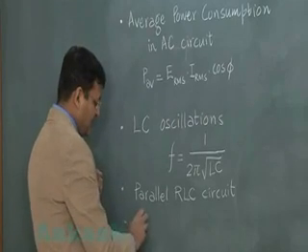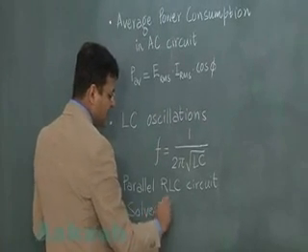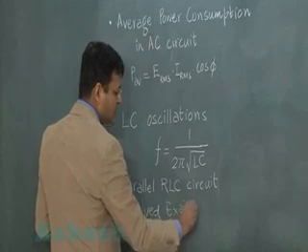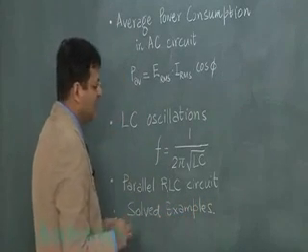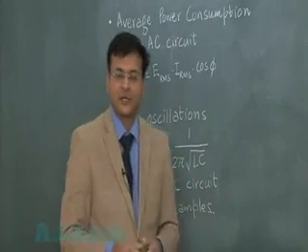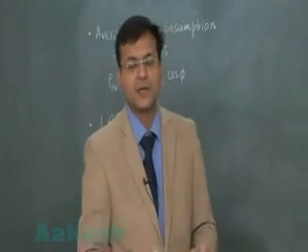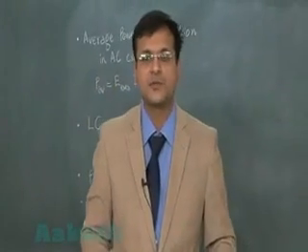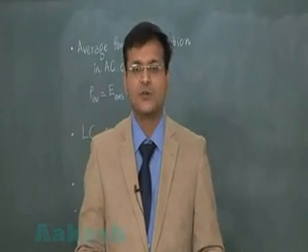And at the end I must say that there were several solved examples based on the concepts involved here, and that essentially brought you to the end of the chapter of alternating currents. So now in the next chapter we will be talking about the concepts involved with electromagnetic waves, and this is all for today.